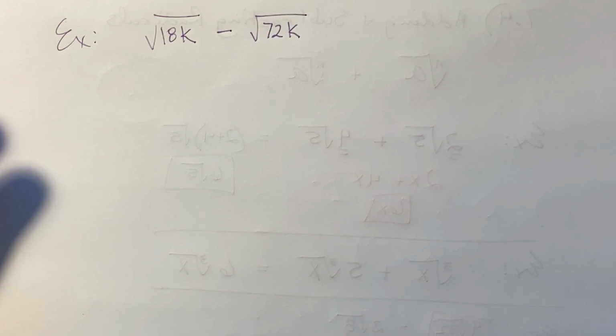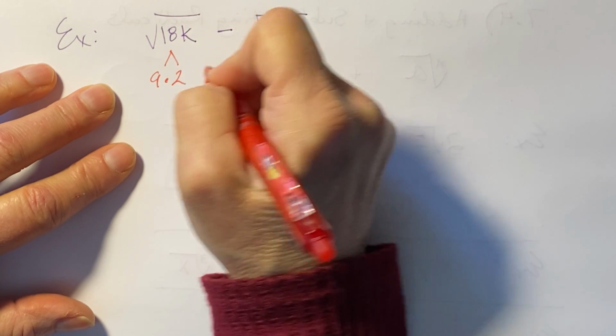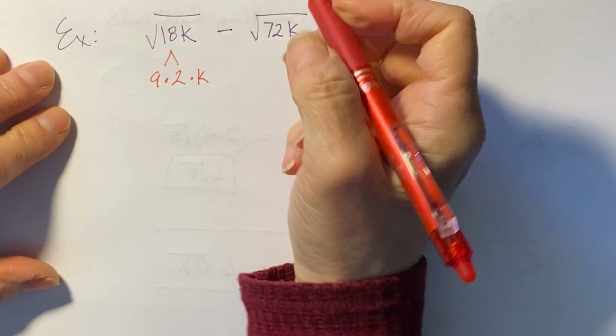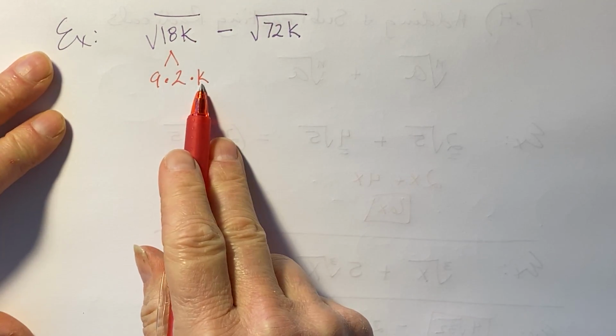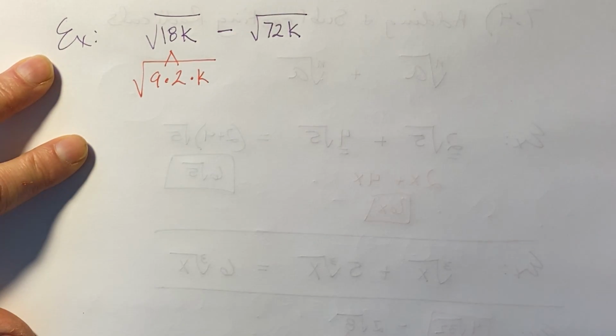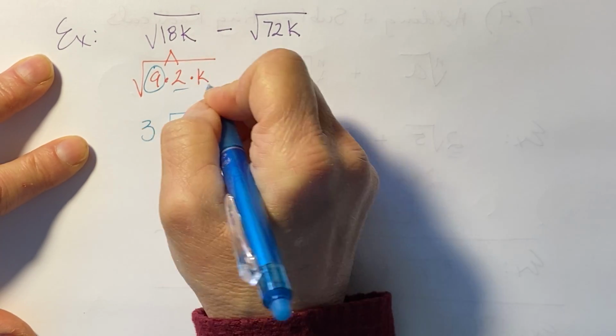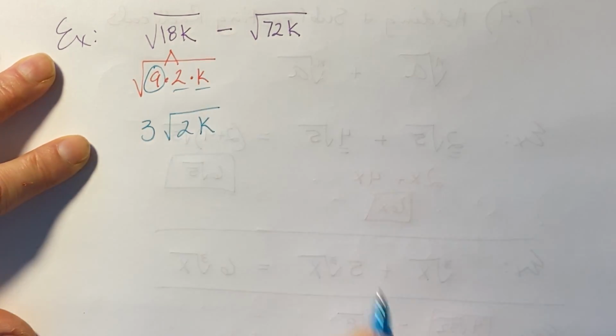So again, I'm going to simplify each of these radicals. The 18 is 9 times 2. The k is not a perfect square. So 2 is not a perfect square, k is not a perfect square, but 9 is. So this square root of 9 is 3. The 2 and the k stay underneath the radical.